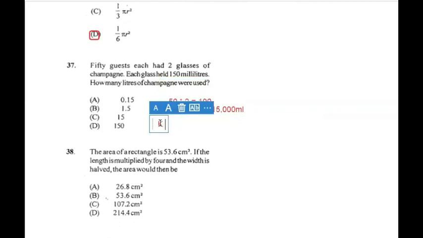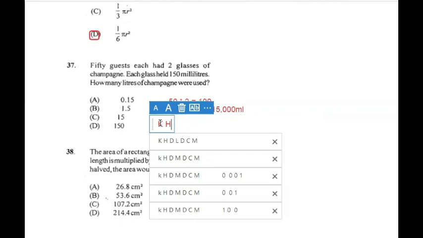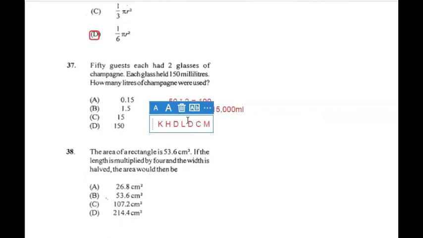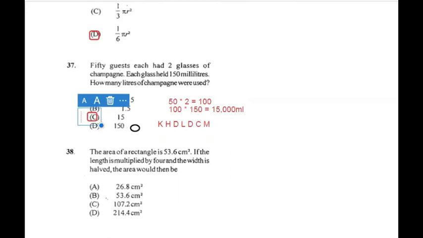So using our staircase method, but in this case, meters is replaced by liters. So it will be kiloliters, hectoliters, decaliters, liters, deciliters, centiliters, milliliters. So we're moving from milliliters to liters, so we're dividing by 1,000. So it's 15,000 divided by 1,000, and that leaves us with 15. So our answer for 37 is C.